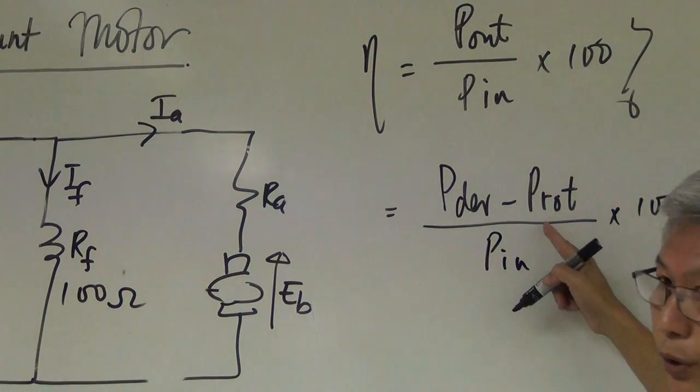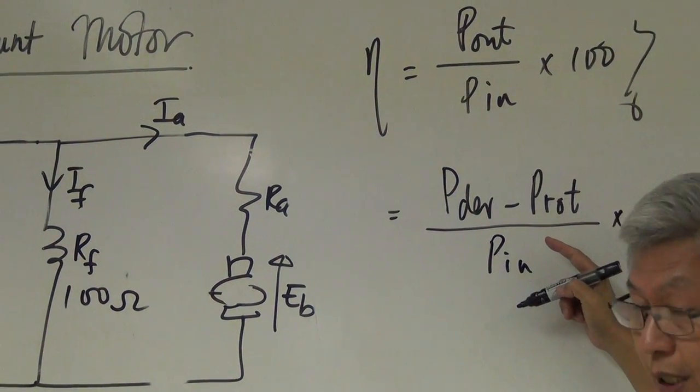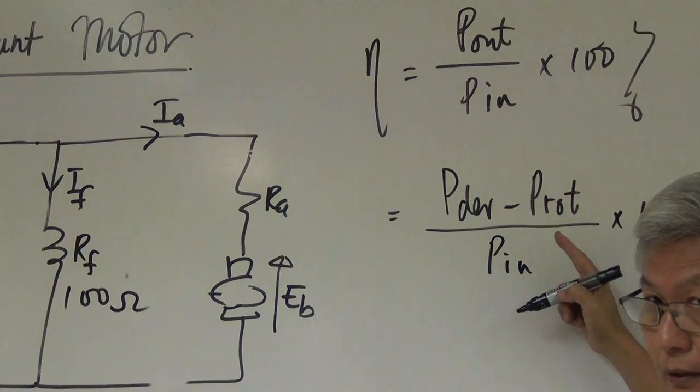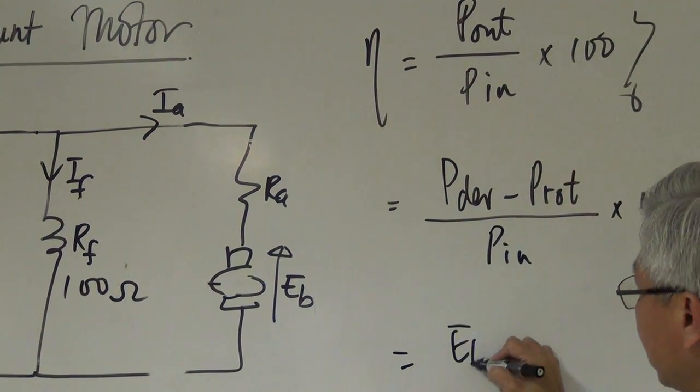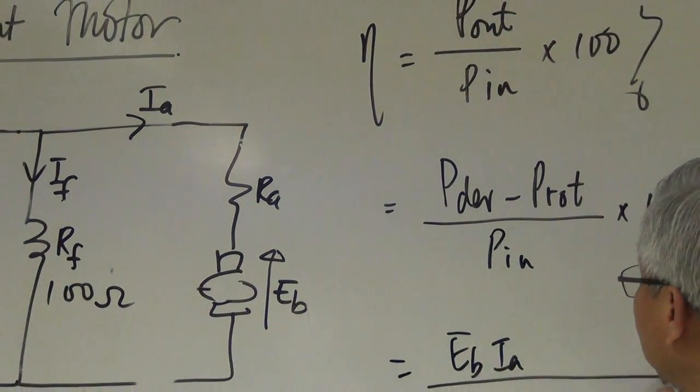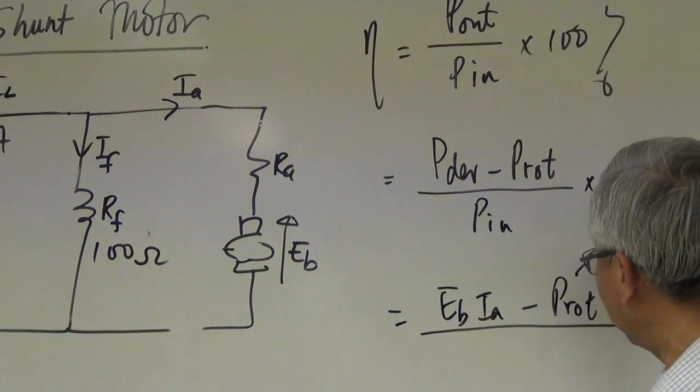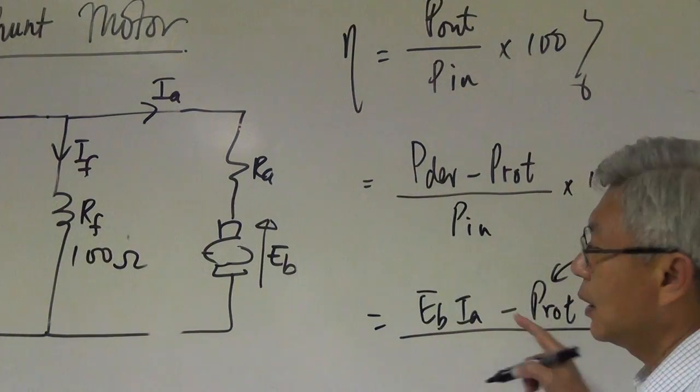A lot of time, rotational loss is given to you, a value, so you just stick it in. So our power developed is EBIA, minus the rotational loss, which is given.